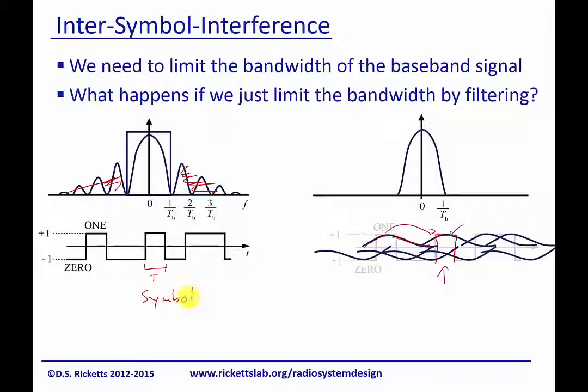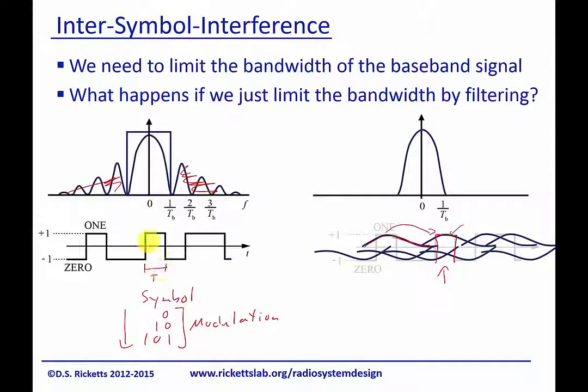And remember, that symbol can be a single bit, it could be 2 bits, it could be 3 bits, whatever our modulation scheme is. We continue to transmit at the same rate. We get higher data by having higher complexity modulation.